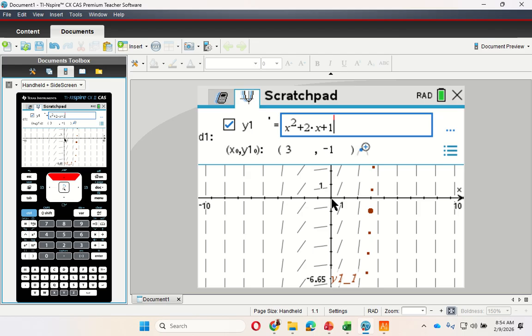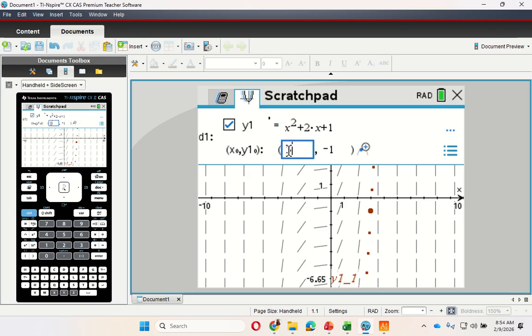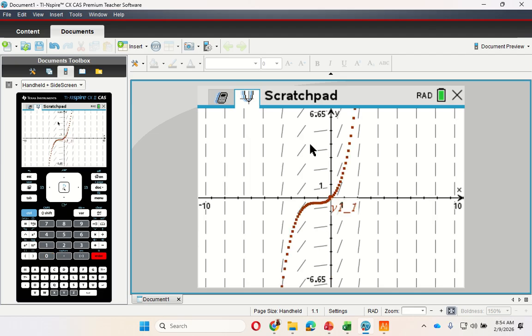Actually, let's see if I could do a 0, 0. There we go. By changing the initial condition, it moves the whole graph to be somewhere else.